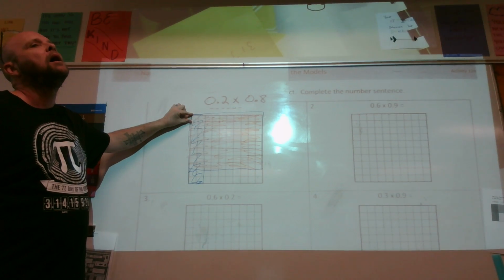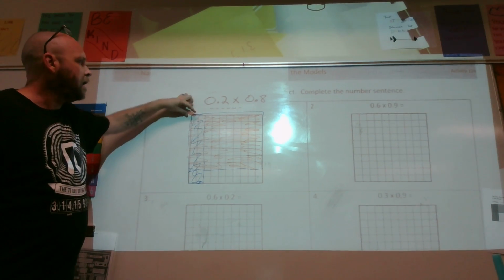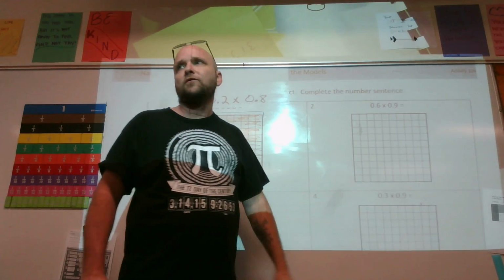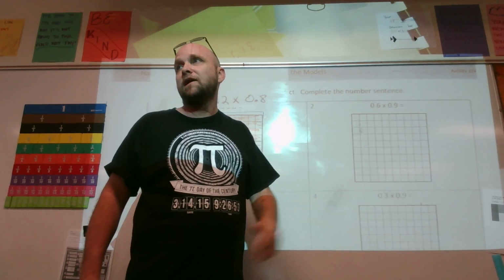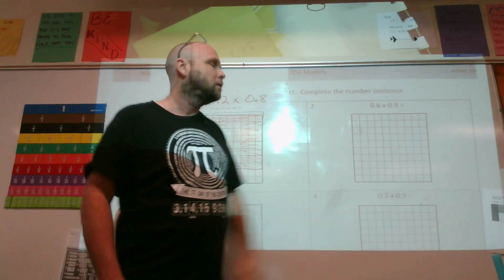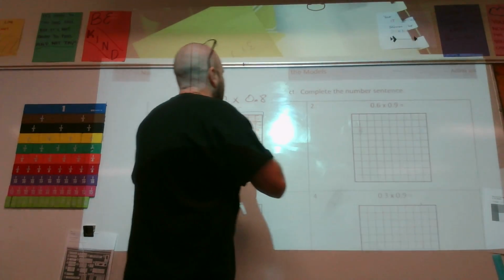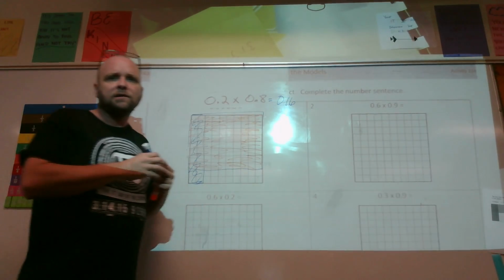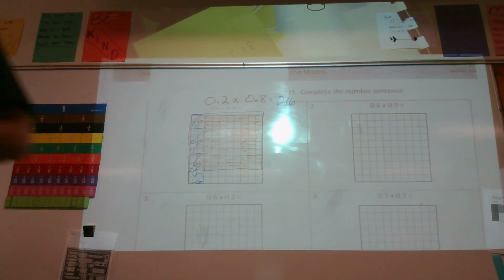Each little box is worth one hundredth. Each row is worth 1/10, and there are 10 hundredths in 1/10. So our answer for this would be 16 hundredths.